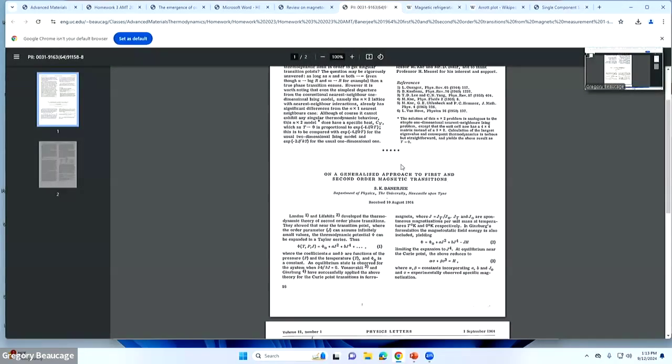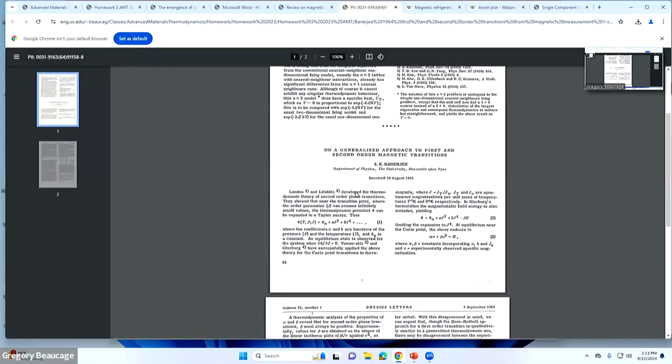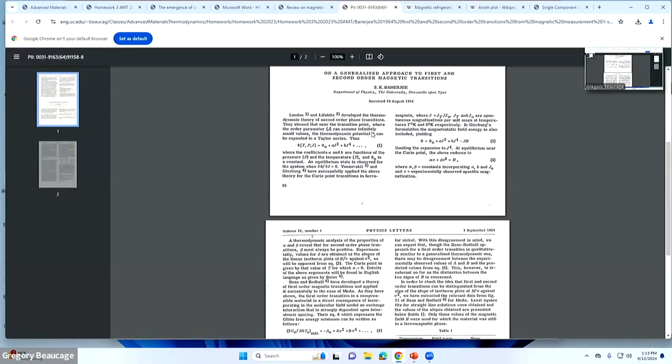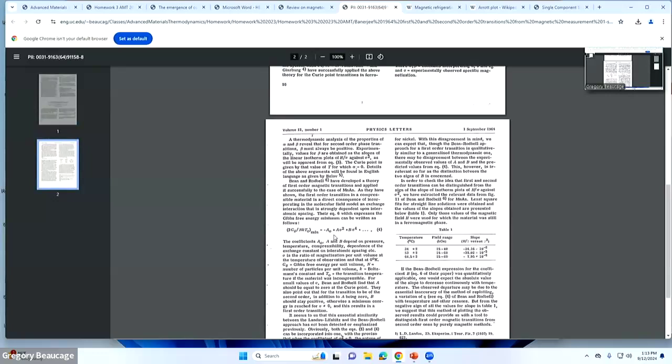This Banerjee paper is the origin of that Arrott plot, and it's kind of detailed. This is the theory paper that went with it. It tells about first order, second order, and goes through the Landau expansion, the square of the order parameter.